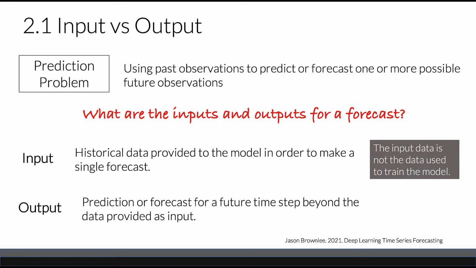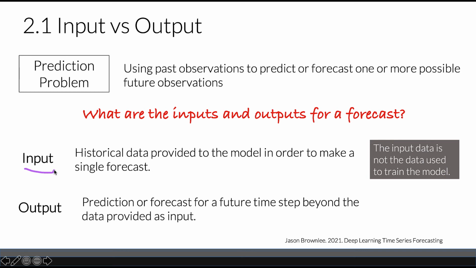The first question to consider is, what are our inputs and what is our output? It sounds easy, but it's very important. Our prediction problem is using past observations to predict or forecast one or more possible future observations. So the input data is not necessarily the data that we'll use to train our model.